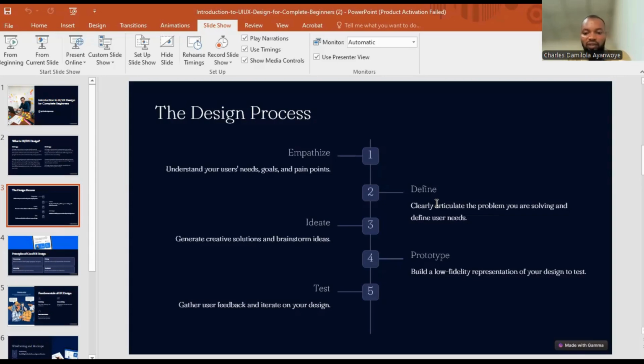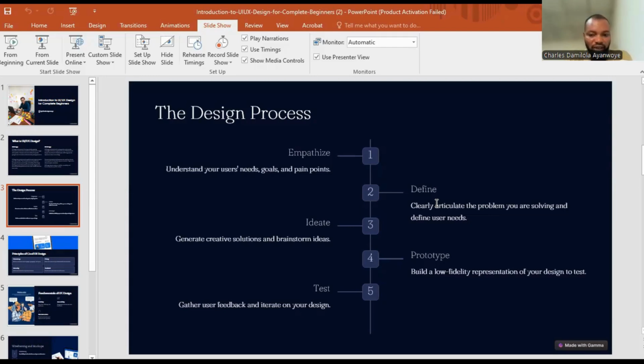When we say prototype, you build a low fidelity representation of your design to test. Here, before you build your final design, we have something we call low fidelity design. Low fidelity design often comes from what we call wireframe. And wireframe is like the skeletal part of your design.